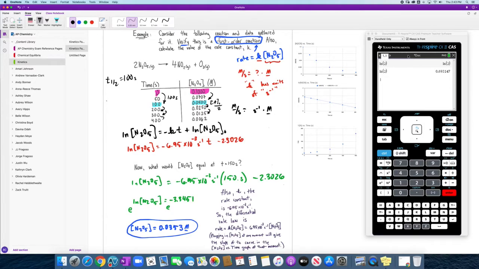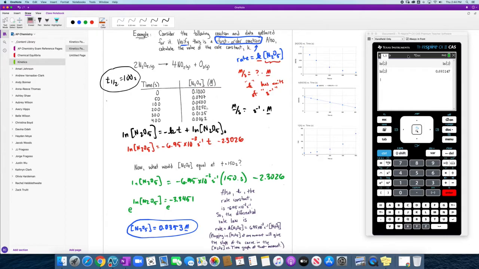And again, after another 100 seconds, 0.0125 drops to 0.0062, which is about as close to a half as we could write it with 4 decimal places. So the half-life for this reaction is very clearly 100 seconds. Every 100 seconds, the concentration's being cut in half. Let me get rid of all those marks here.